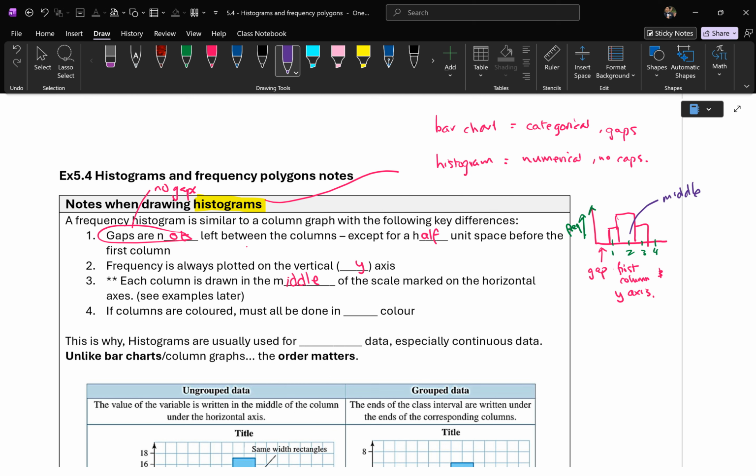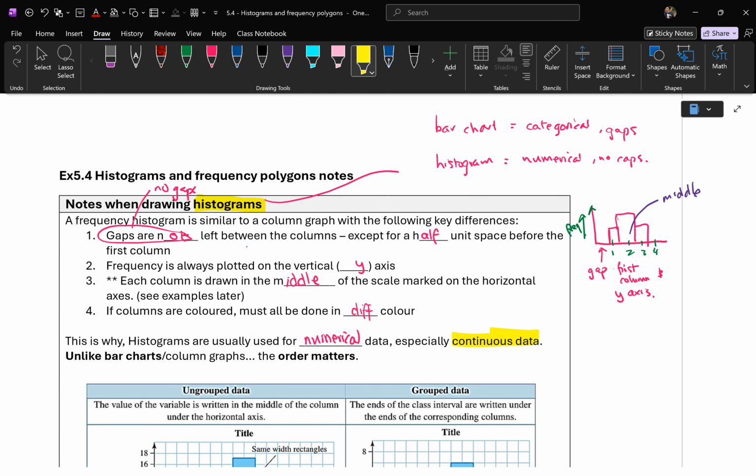See example later. If columns are colored, they must all be done in different colors. This is why histograms are usually used for numerical data.